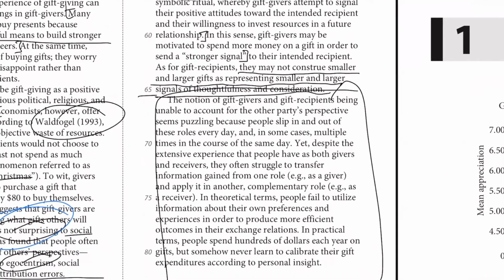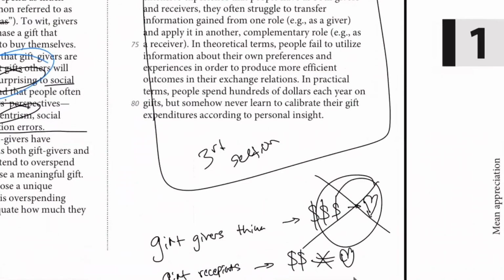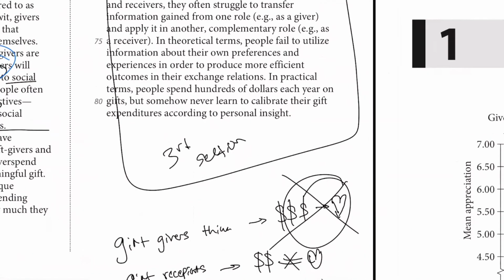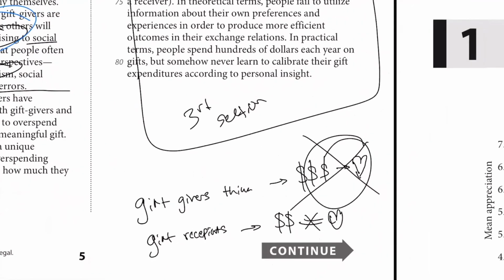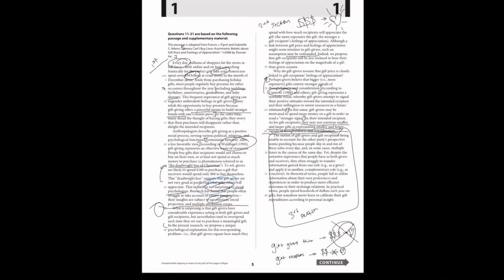Gift givers think that more money is equal to more love, but gift recipients don't think that's the case. So if one thing is not lining up with another person's perspective, it is what? Incorrect.